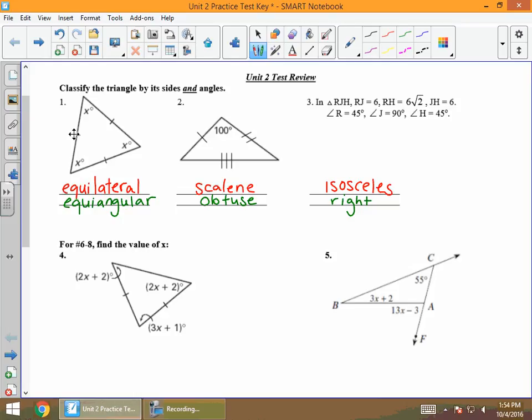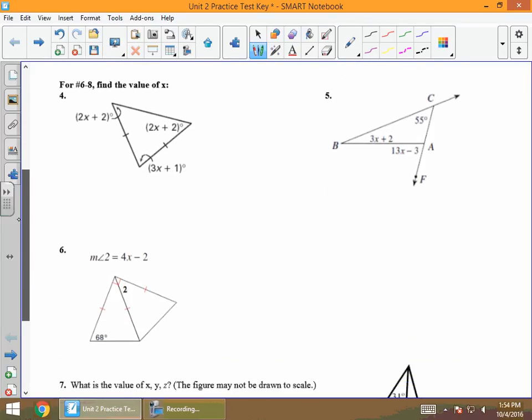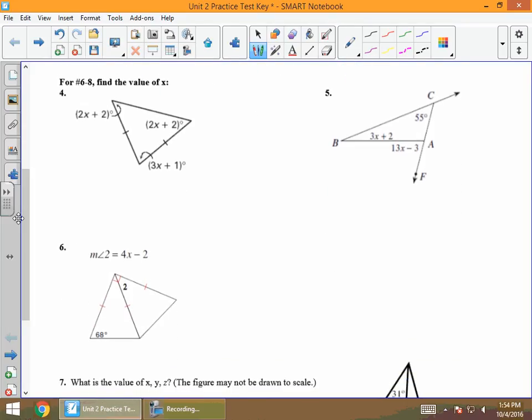For number 4, 5, 6, well, the directions say for 6 through 8, find the value of x, and that should say for 4, 5, and 6, find the value of x. So question number 4, I have 3 angles in a triangle, and I know that they should add up to 180 degrees.